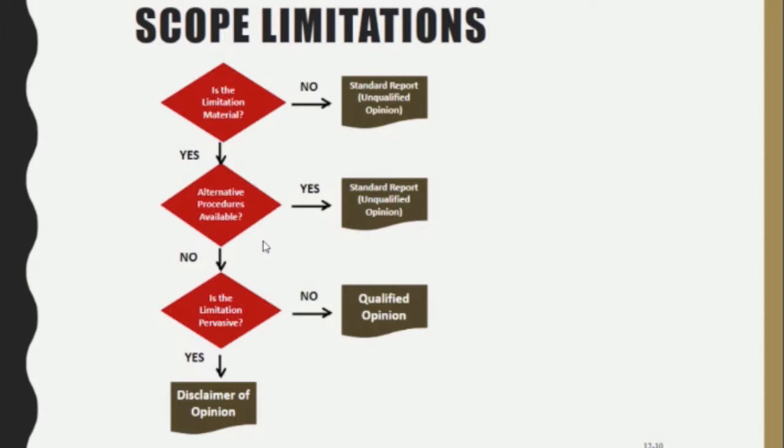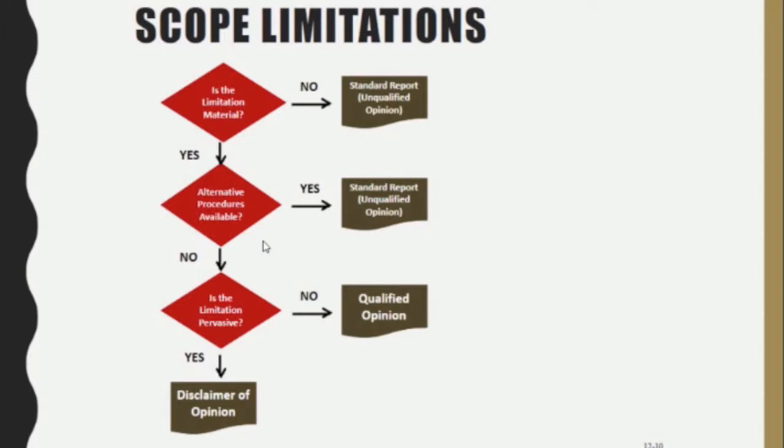If the auditor is able to review subsequent cash receipts or collections, and they're able to gather sufficient and appropriate evidence about accounts receivable, then they don't have a scope limitation. They're able to perform alternative procedures. And as long as they feel that they have gathered sufficient and appropriate evidence, they'll issue an unqualified report, a standard report.